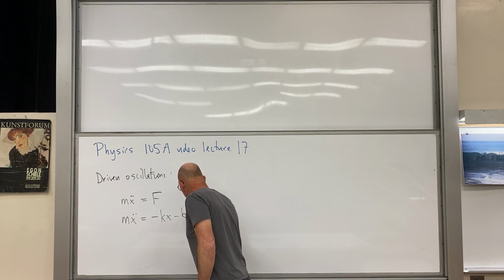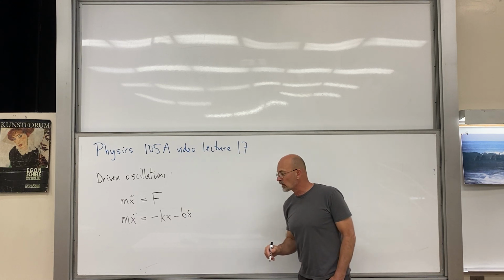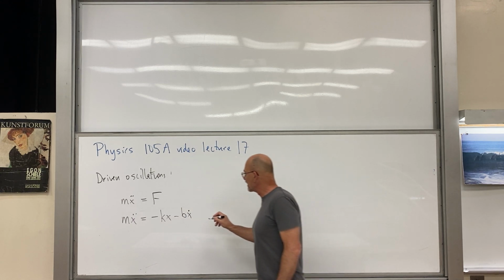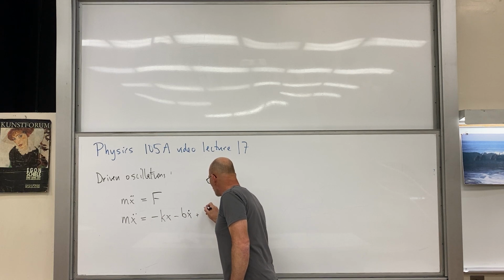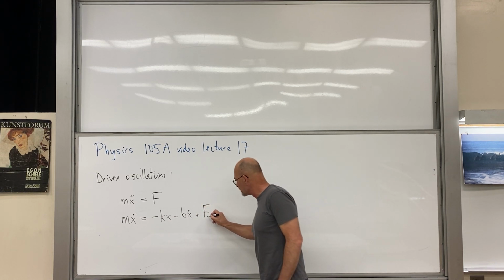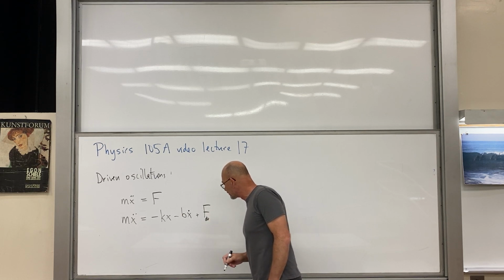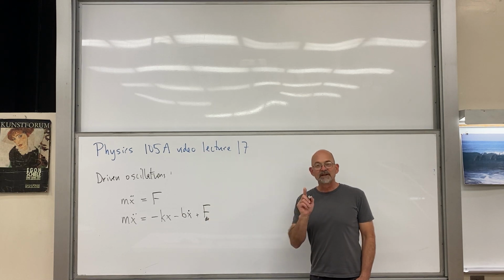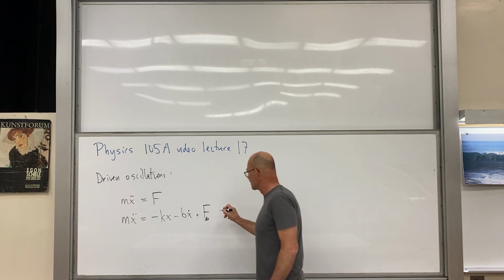We've added that frictional force and we've worked with that. Now we're going to add a driving force, I'll just put a subscript, driving force, that is explicitly a function of time.